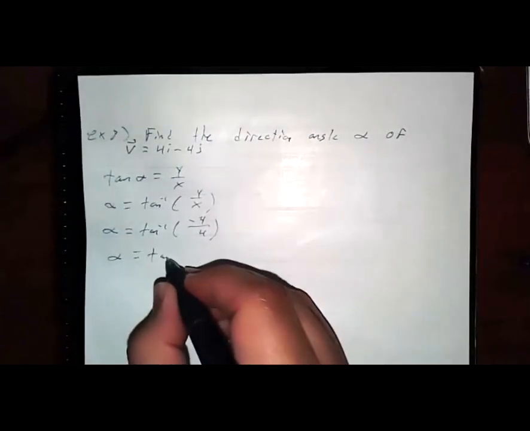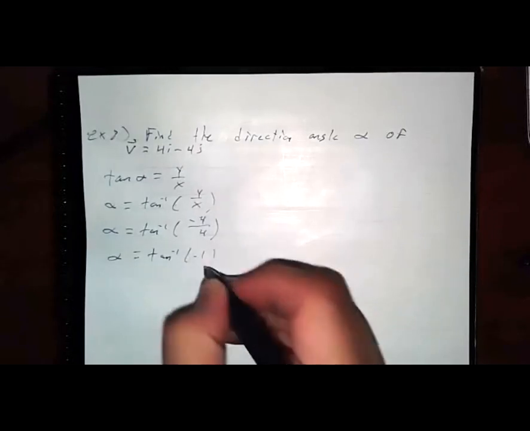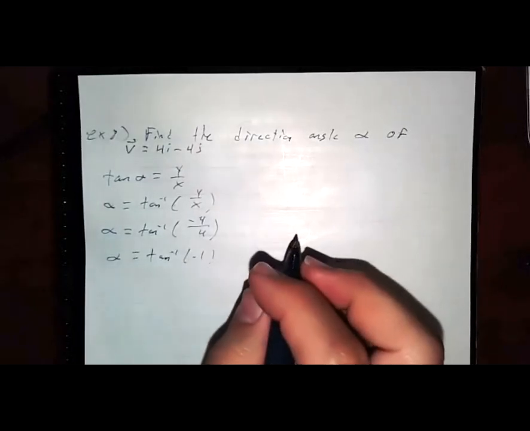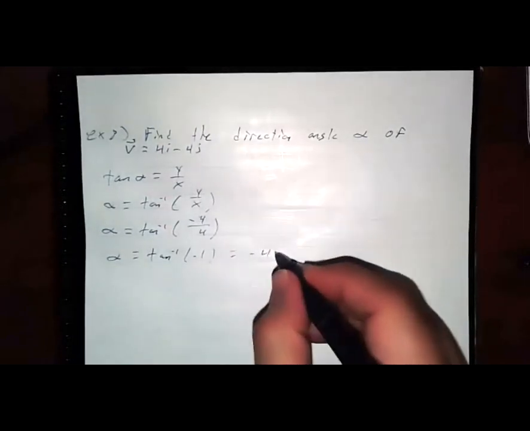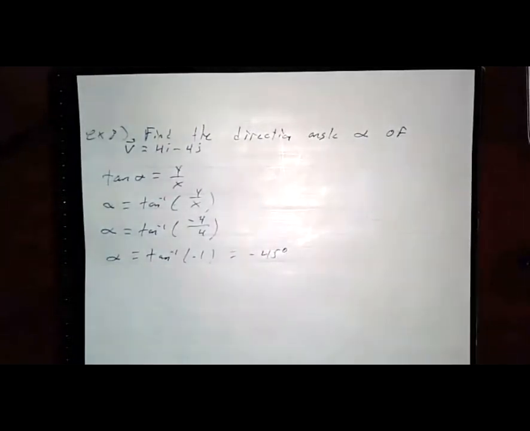That means that alpha is equal to tangent inverse of -1, which will give me -45 degrees on my calculator.